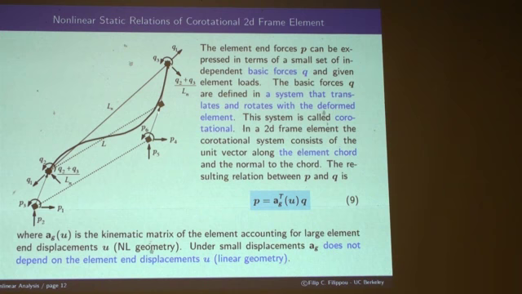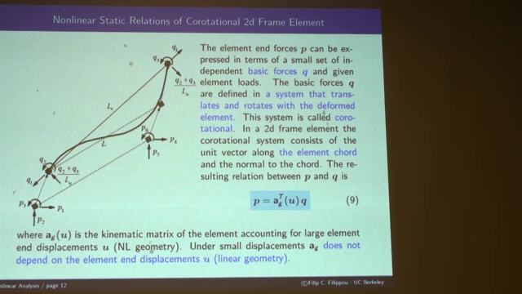This kinematic matrix accounts for large displacements, U, in which case we talk of nonlinear geometry. Actually, we should say nonlinear kinematics. But you will see why, for me, nonlinear kinematics is really nonlinear geometry, because it doesn't make sense to do nonlinear kinematics and do linear statics. That doesn't make any sense.